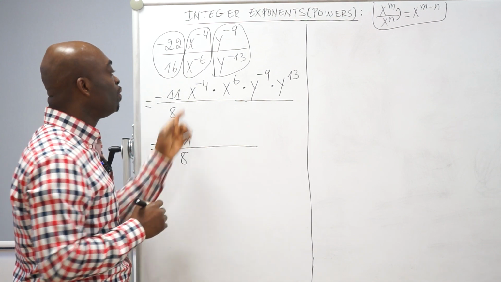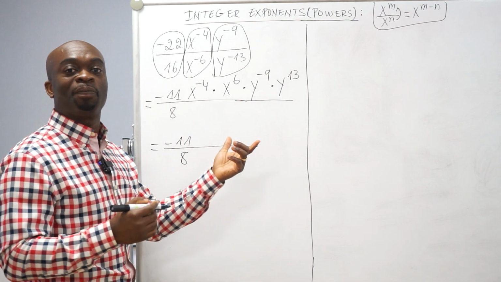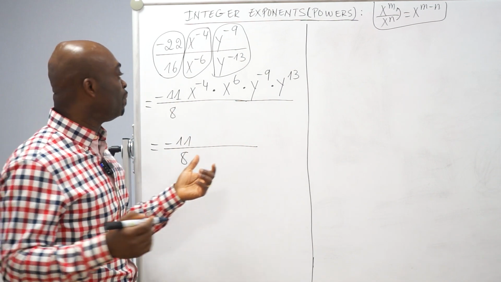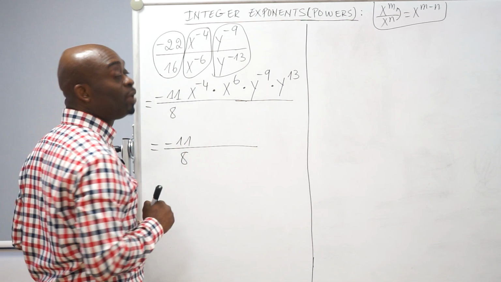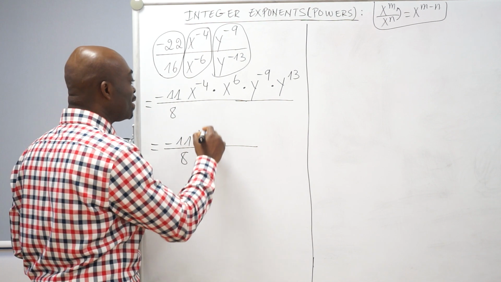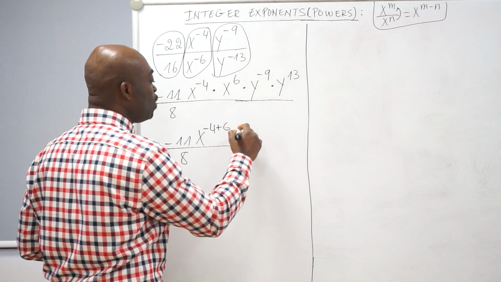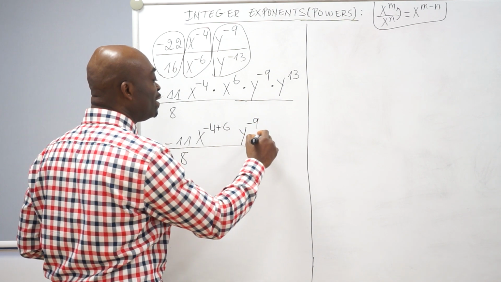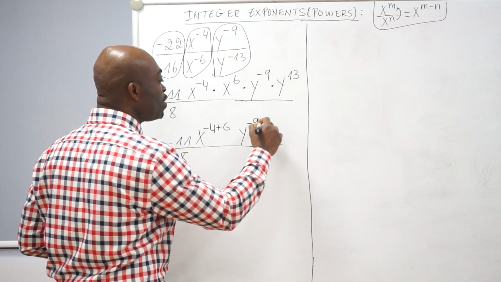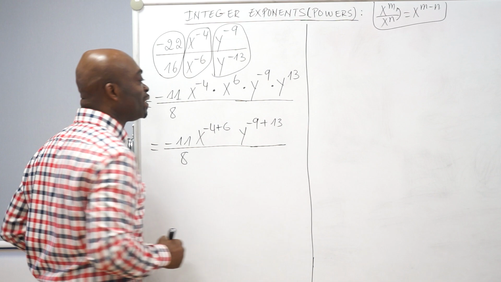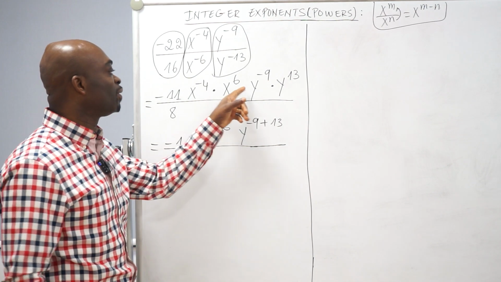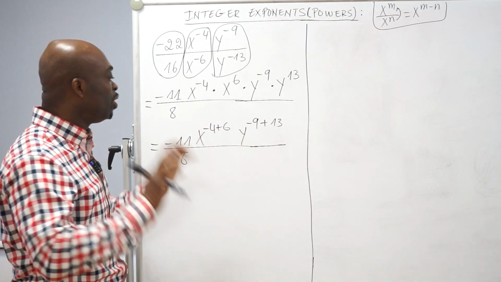Okay? So when we multiply, what do we do with the powers? We add them up. So that would be negative 4 plus 6, right? So it's x negative 4 plus 6, times y negative 9 plus 13. At this point, I'm not bringing the multiplication symbol anymore. We don't need it.